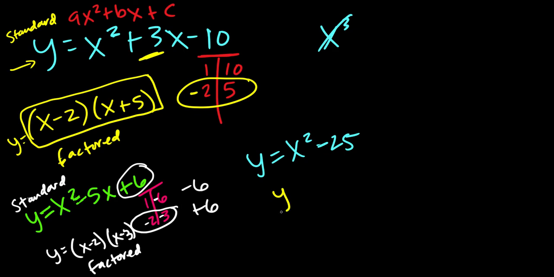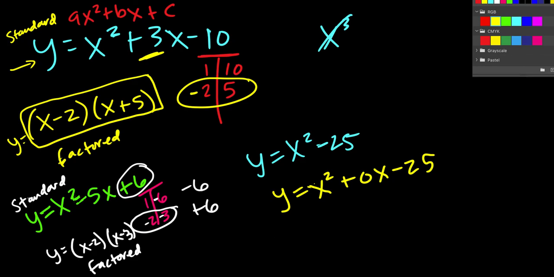Okay, so we can rewrite this in an equivalent form that will make it look how we want it to look. So all I did was add 0 x's. If I add 0 x's to something, it doesn't change the value, and so we can do that.